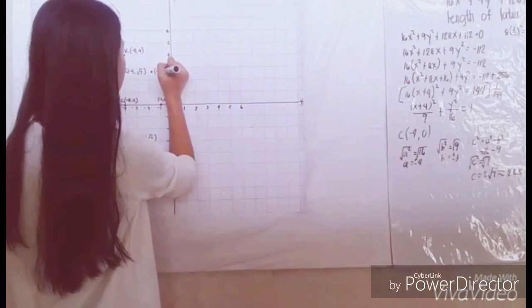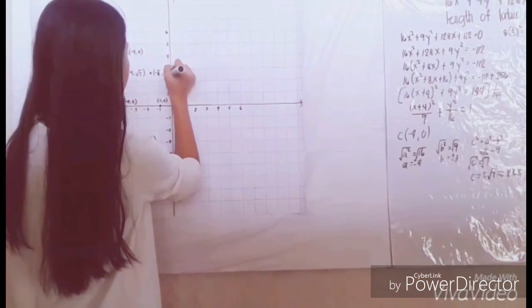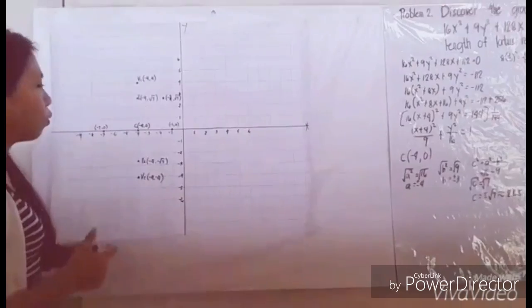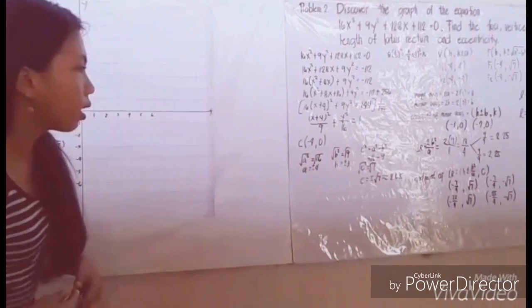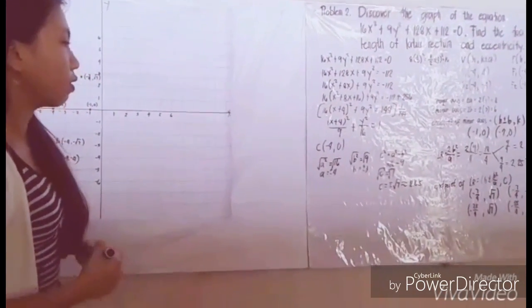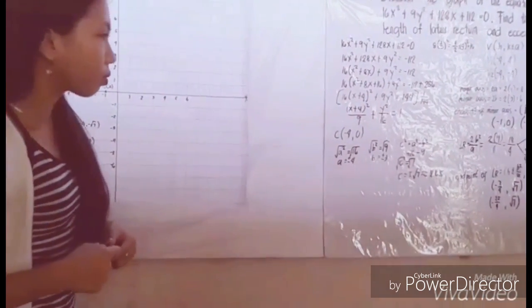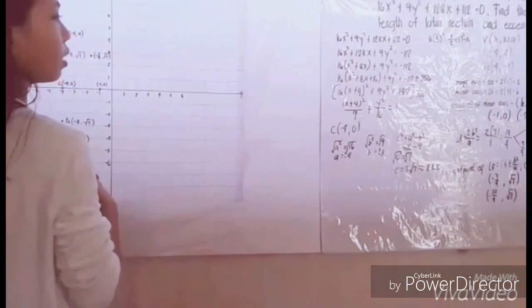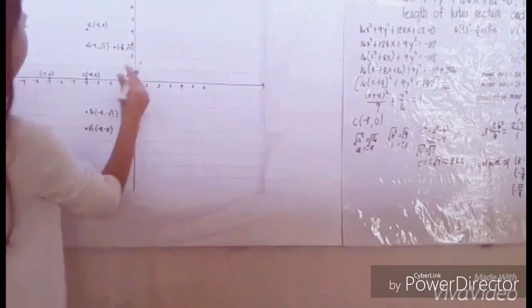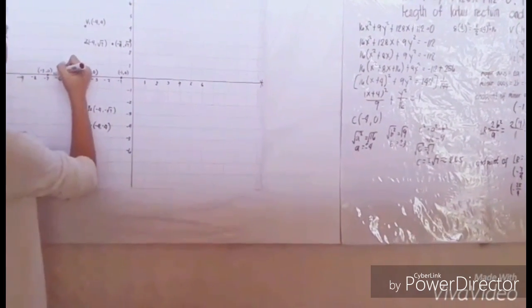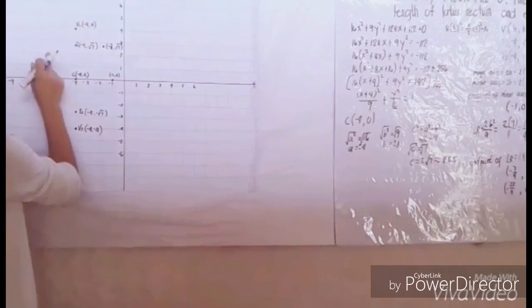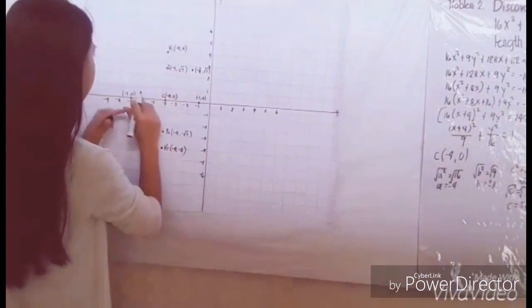Negative 7 over 4, square root of 7, and we have negative 25 over 4, square root of 7. Negative 25 over 4 is 6.25, so here 6.25 and square root of 7.